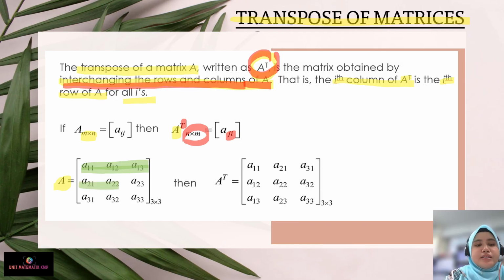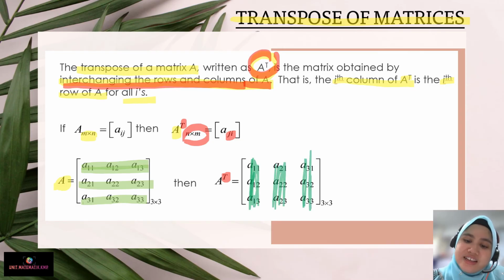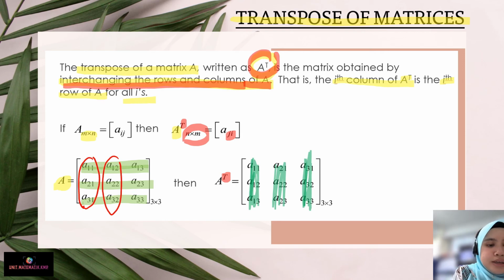When you do the transpose, when it becomes A transpose, your values that were in the row now will be in the position of a column, like this. I highlight this one. Or you can also see it in the form of a column.